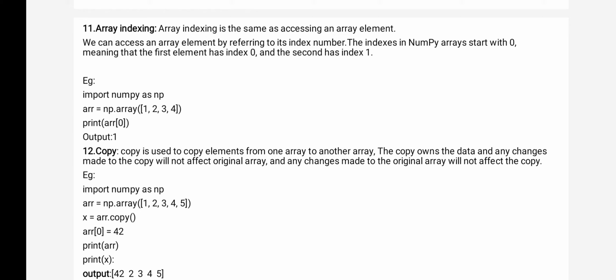In the example, in the print statement, print arr[0]. Here what is the 0? The index number. In that index number, what is your element? 1. So that is printed.